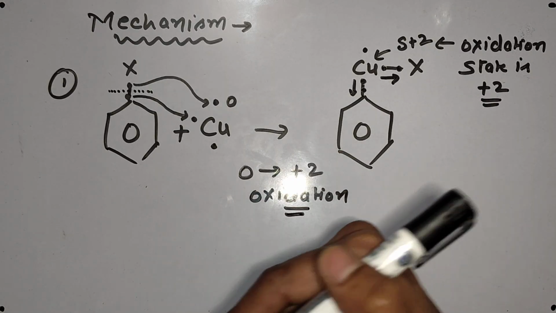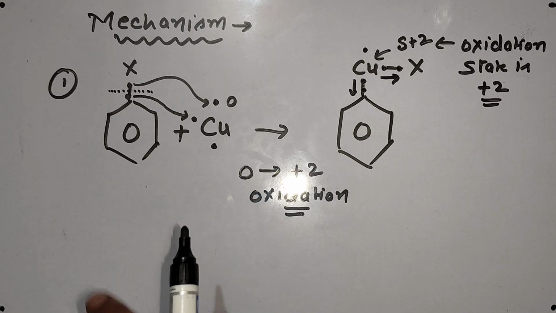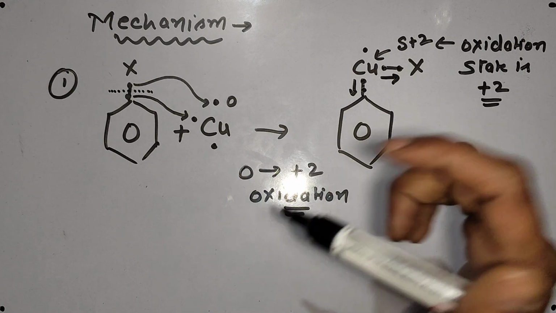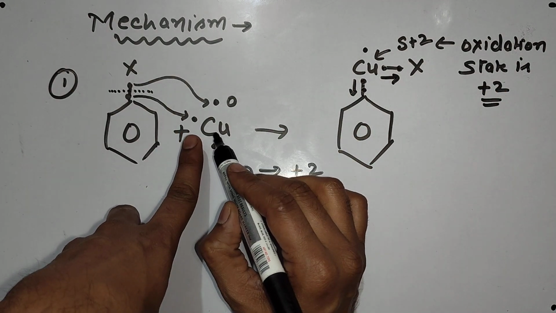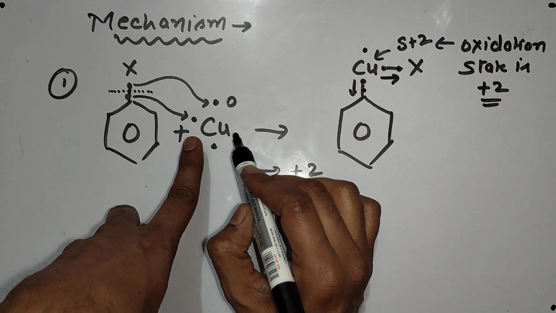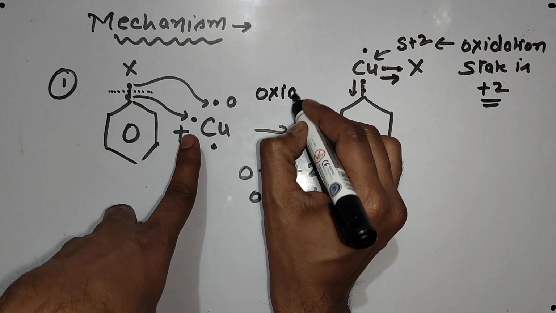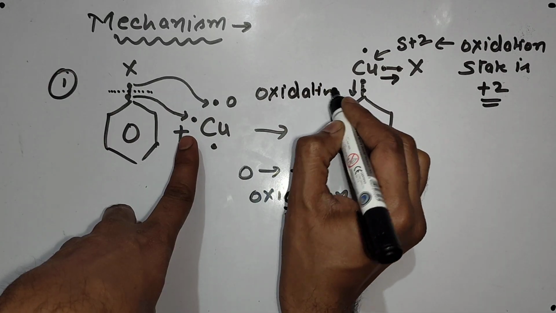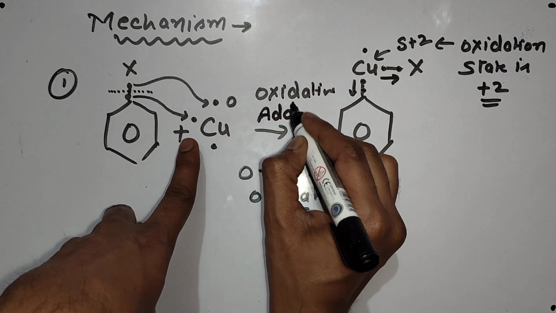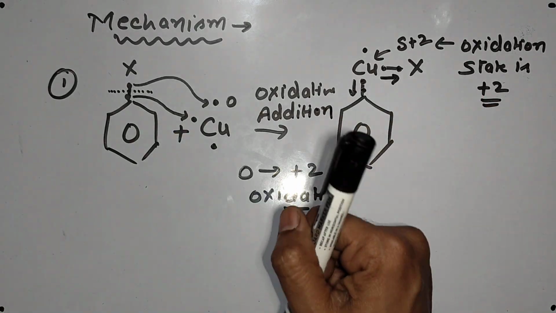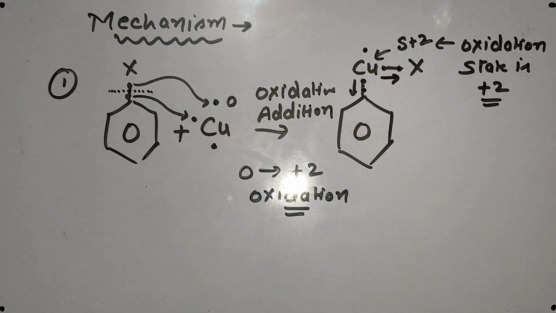In 11th class, in the redox reaction chapter, we learned that if oxidation states are increasing, oxidation is happening. Whose oxidation is happening? Copper's. So that's why we call this step oxidative addition, because copper is added between carbon and X with its oxidation. So this is the first step of the mechanism.